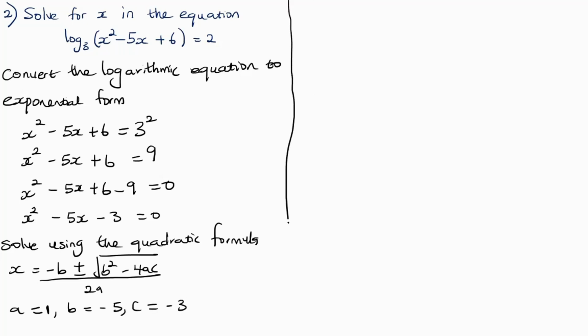So applying it, we have x is equal to minus b, which is minus of minus 5, plus or minus the root of b squared, minus 5 all squared, minus 4 times a, which is 1, times c, which is minus 3, all over 2 times 1.